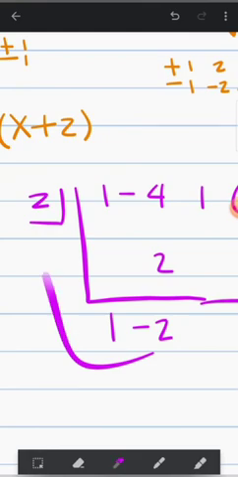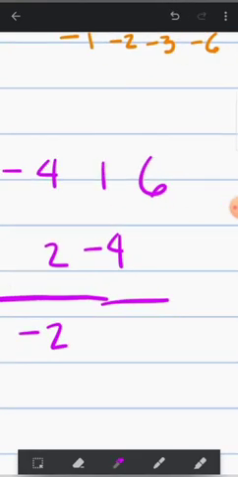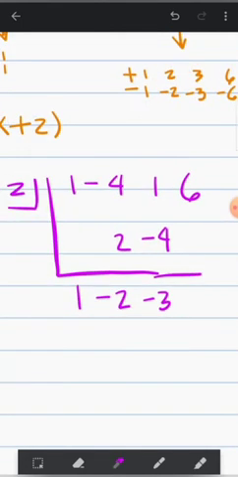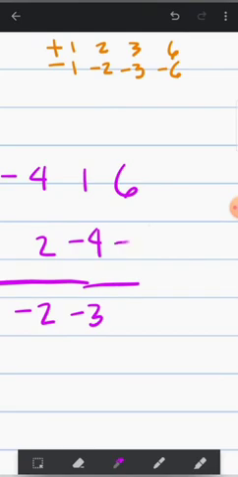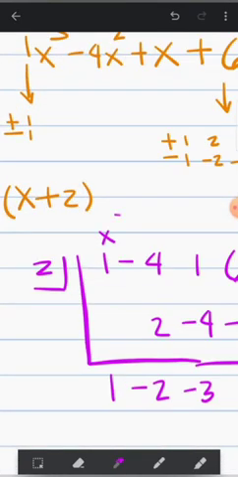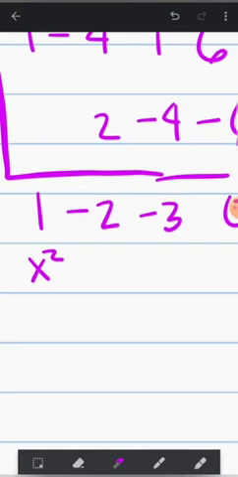Then times 2, it's -4. And then -4 and 1 is -3. The -3 times 2 is -6. So this is 0. So if this is x cubed here, this time it will become x squared. So one of the factors is x squared minus 2x minus 3.